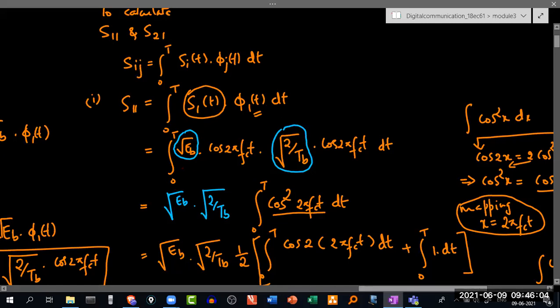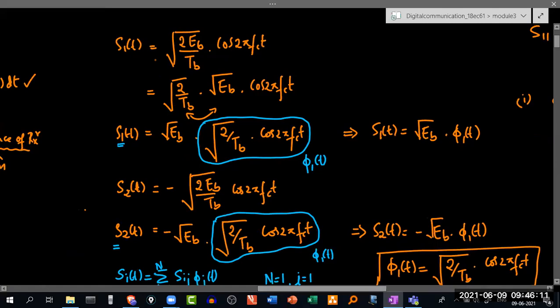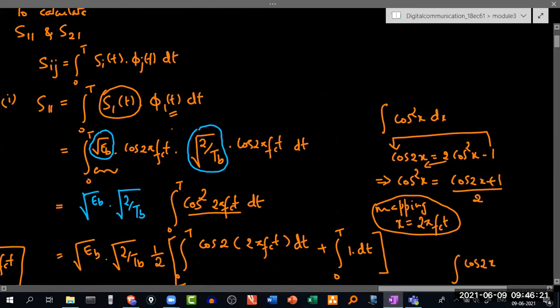This amplitude value should have been declared as square root of 2 times Eb by Tb. So let me make some corrections back here. I've got to change this thing to square root of 2 times Eb whole divided by Tb.